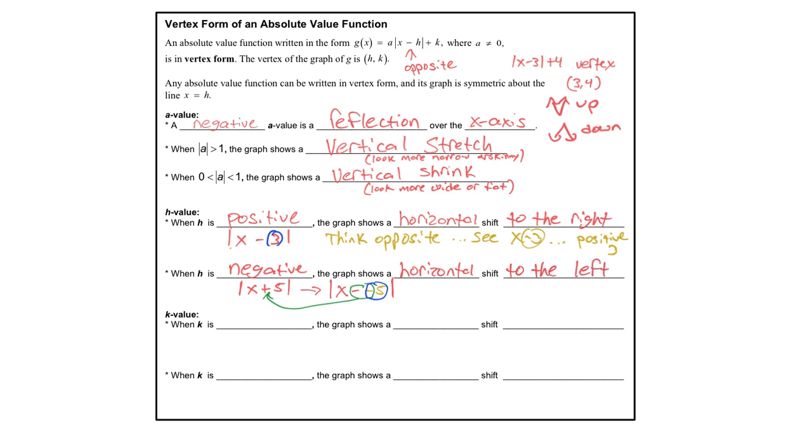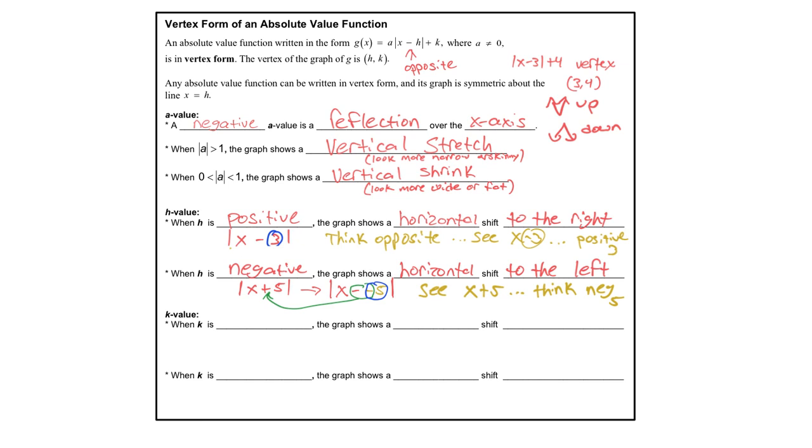Again, think opposite. If you see an x plus 5, you need to think negative 5. Negative meaning going to the left. So that's the inside of the absolute value symbols.